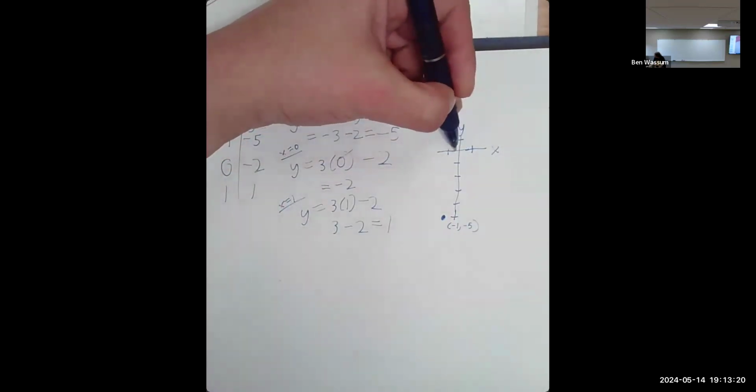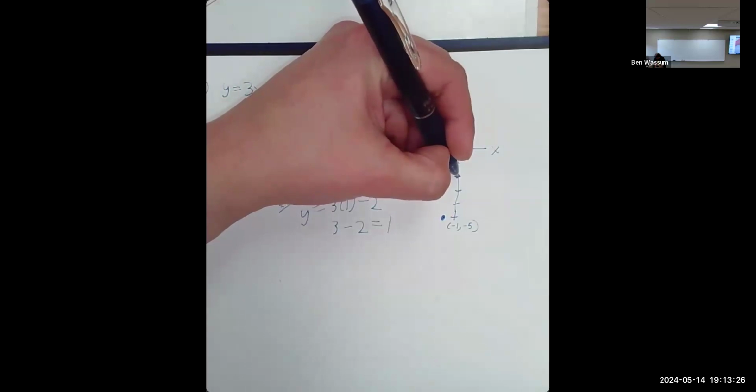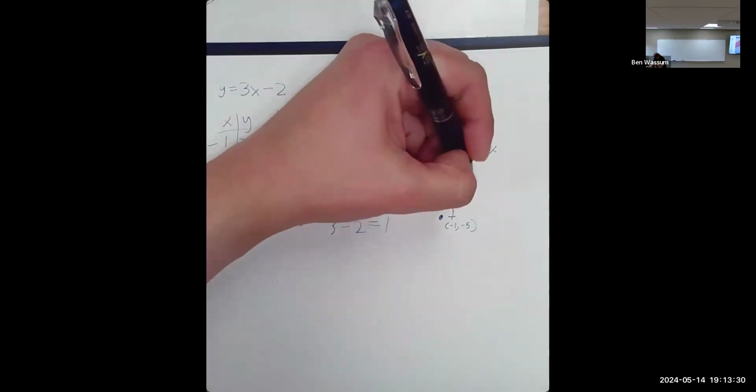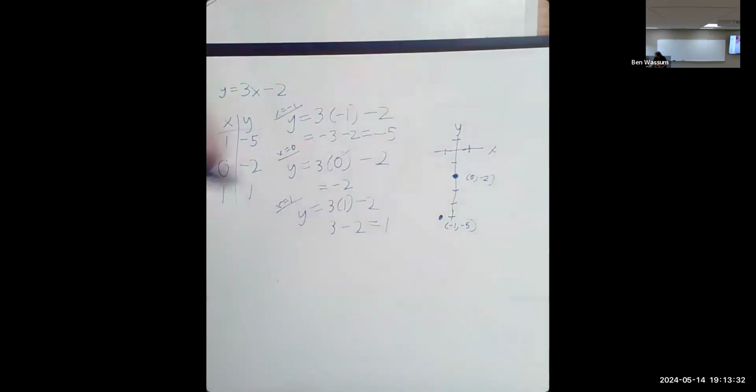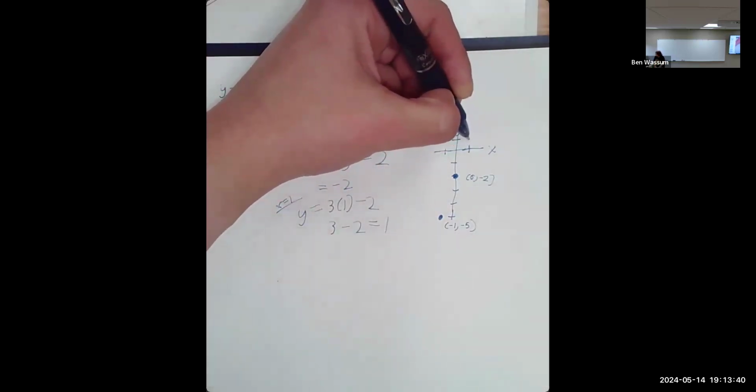That's nowhere going left or right. We're just staying on the axis. -2 right here. That's 0, -2. And then we have the point 1, 1. Well, x is one, y is one.